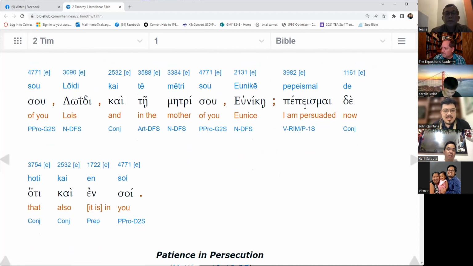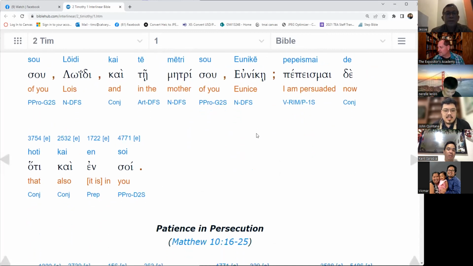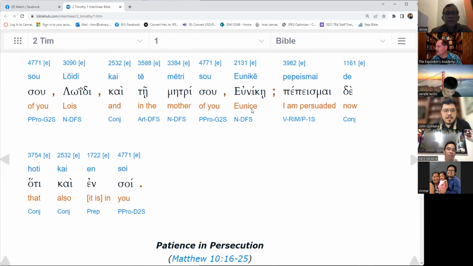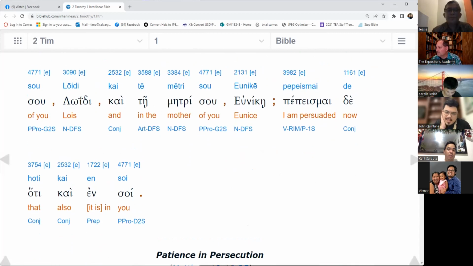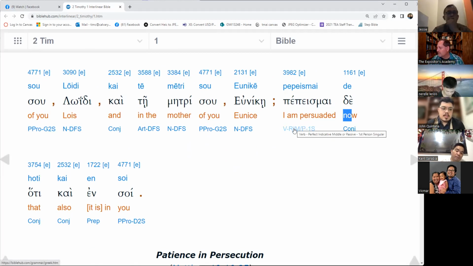Okay, now, if you guys can see this. Notice he says "now," a conjunction here. It could be "and" or "but." "I am persuaded." It's a regular verb, perfect indicative, middle voice. I'm persuaded, and I'm persuaded it is in you also.